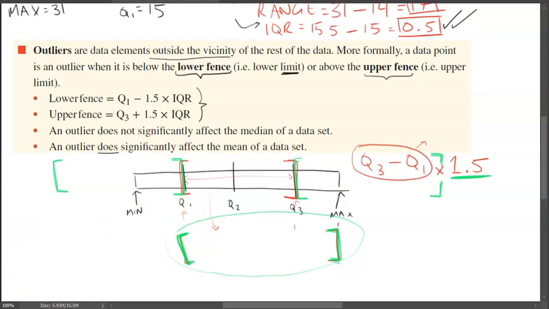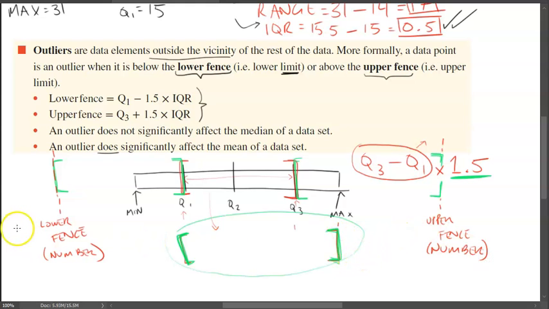Then they say, where that part starts, this is what's called a lower fence. And up here, this is what's called an upper fence. Now remember, when we work this out, this is visually what's going on. The lower fence is just a number when we work this out, and the upper fence is also just a number.